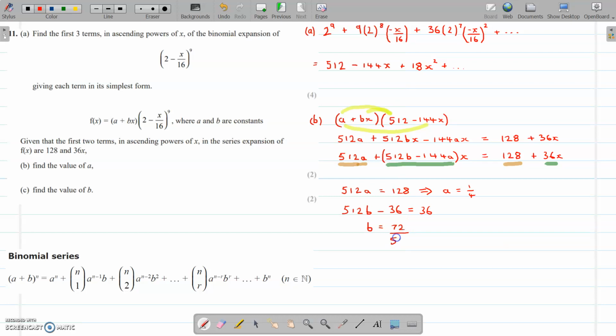The numerator and denominator of that divide down to give me that b equals 9 over 64. So b equals 9/64.